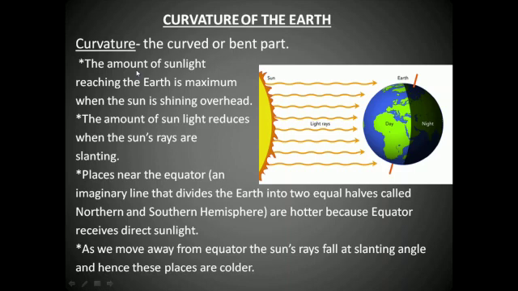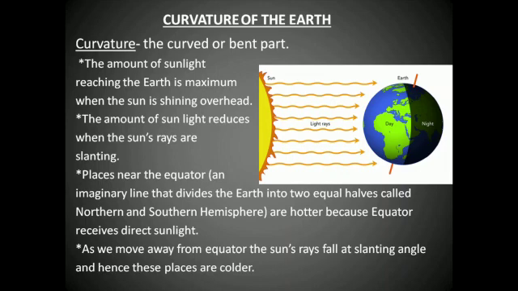The amount of sunlight reaching the earth is maximum when the sun is shining overhead. For example, in the afternoon we have seen the sun shining very brightly.